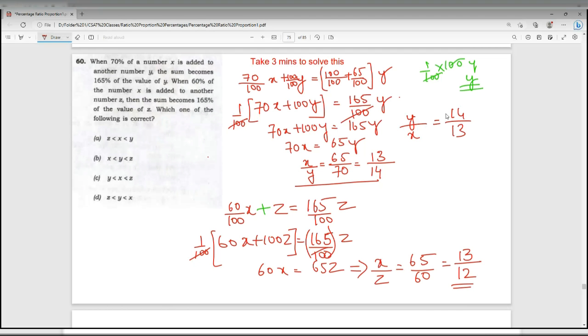I've just taken the reciprocal of this. X by y is equal to 13 by 14, and that implies y by x is equal to 14 by 13. Now if we write it as ratios, y is to x is equal to 14 is to 13. And then we have x by z. I'll just write it in a clean way.